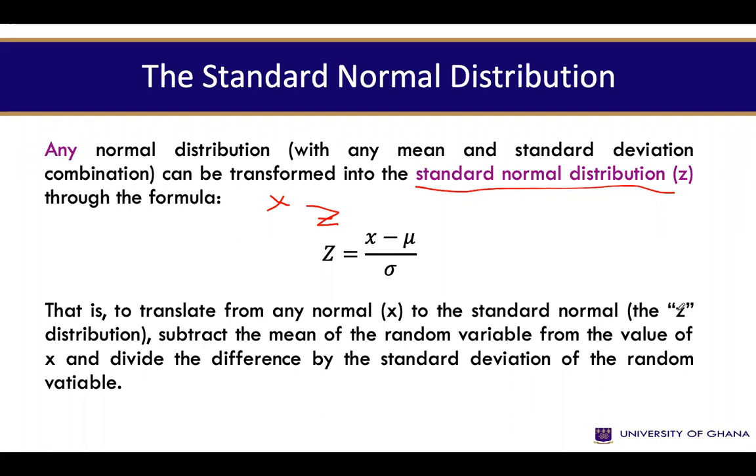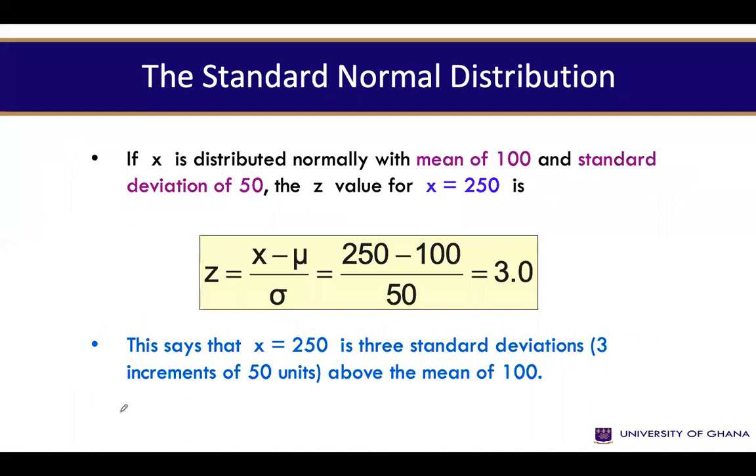First of all, you subtract the mean from the x value and then divide by the standard deviation. So standardizing is a very simple process: we just do z = (x - mu) / sigma, and this converts your distribution into a standard normal distribution.